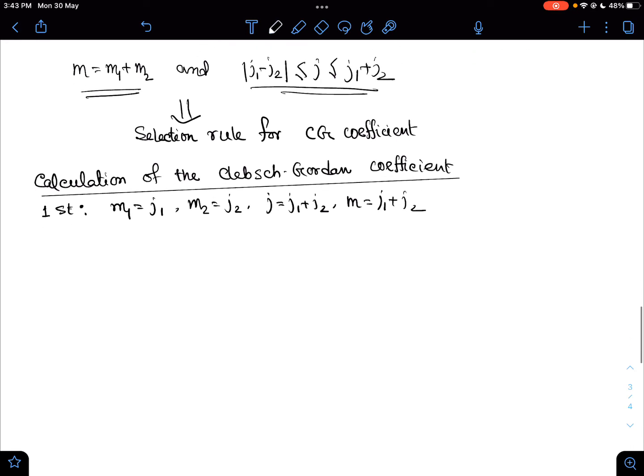And the second limiting case is that M1 has value minus J1, M2 has value minus J2, J has value J1 plus J2, and M has value minus J1 minus J2. So that means we are considering the maximum and minimum values of M for the maximum value of J.